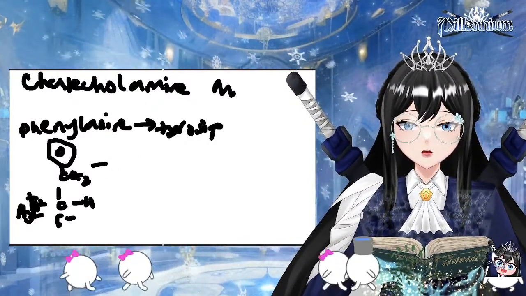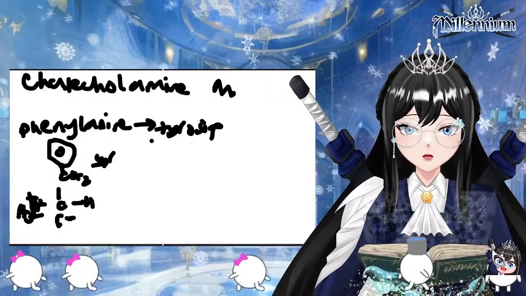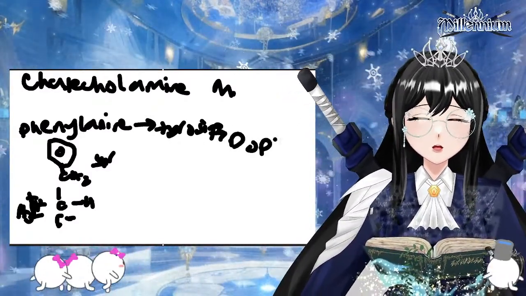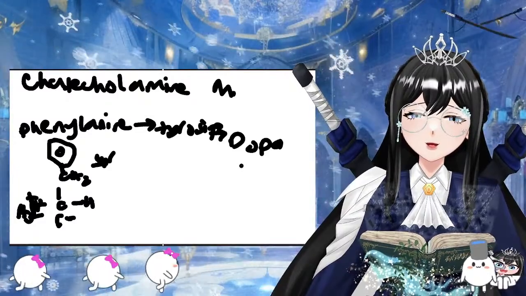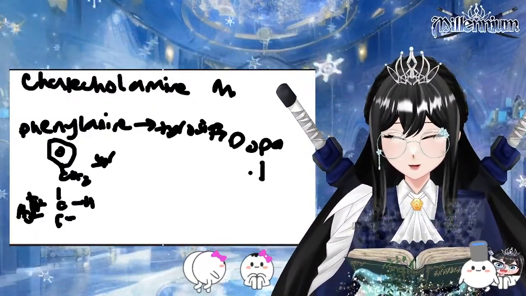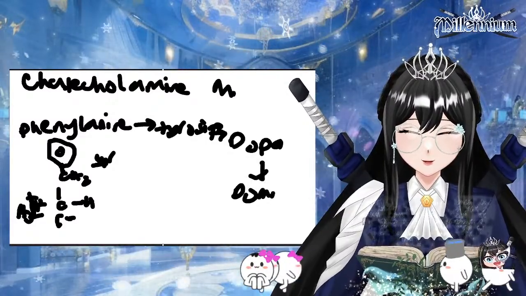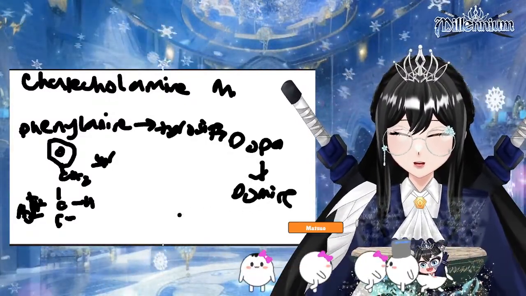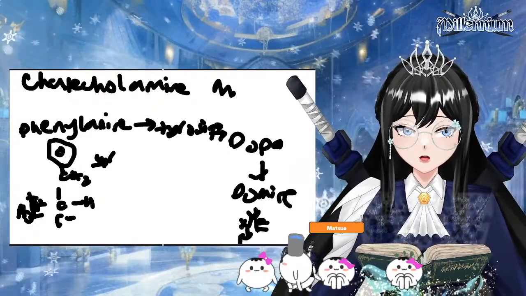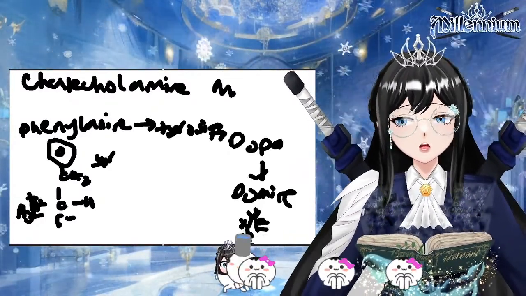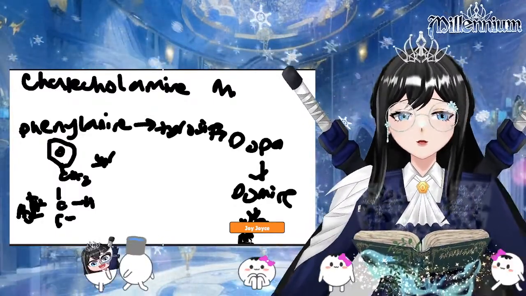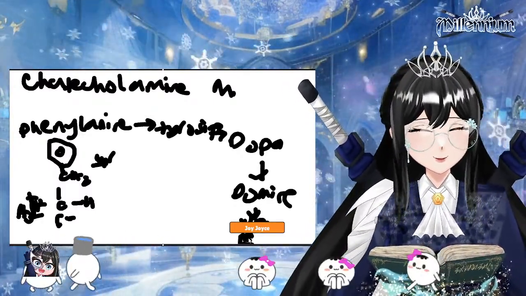After tyrosine, you have dopa. So phenylalanine, tyrosine, L-dopa, dopamine. After that, you have norepi, and then epinephrine. So it's just in order: phenylalanine, tyrosine, dopa, dopamine, norepi, epinephrine.